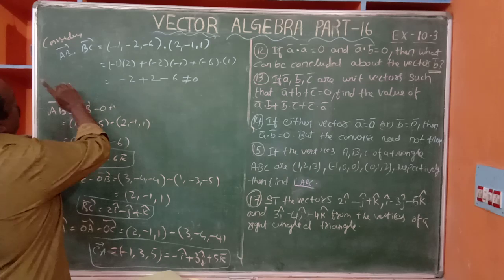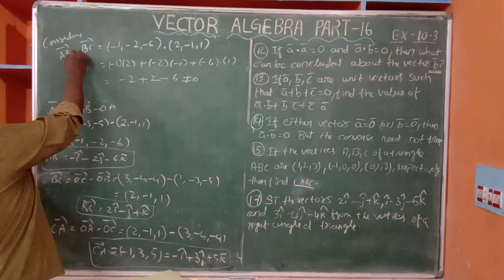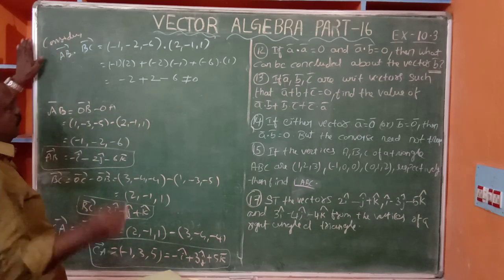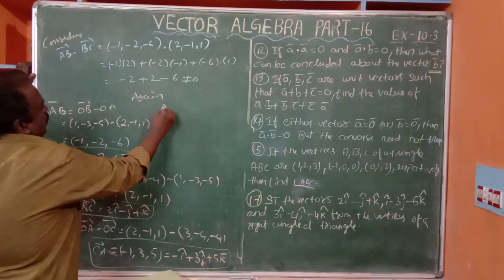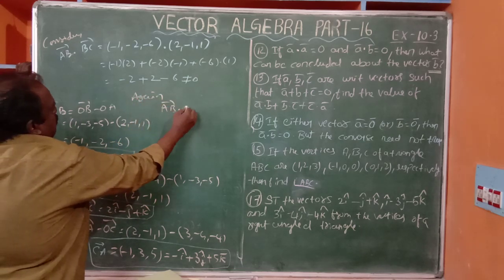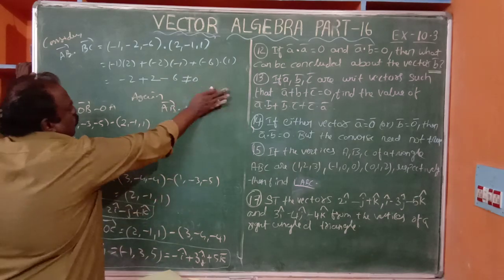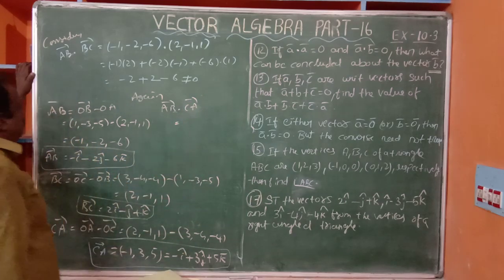So AB bar dot BC bar is not equal to 0 means B is not 90 degrees. Again, another one we will take: AB bar dot CA bar.